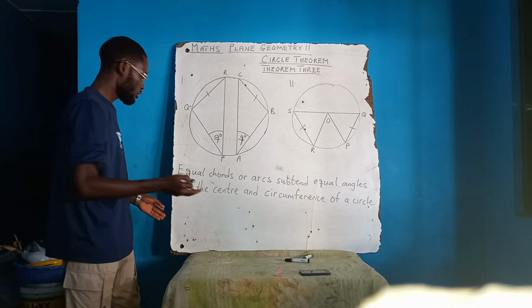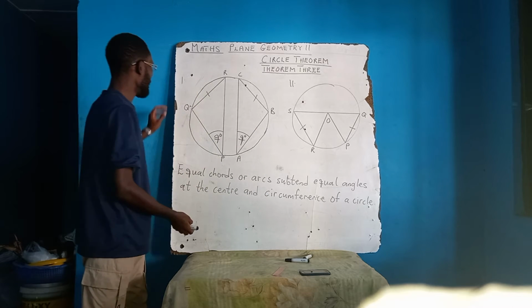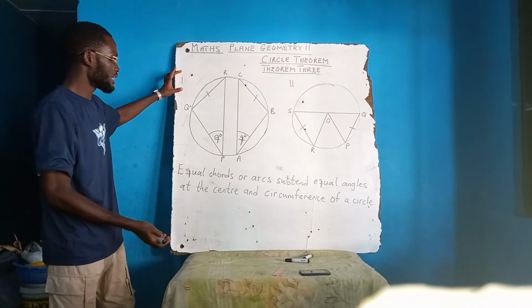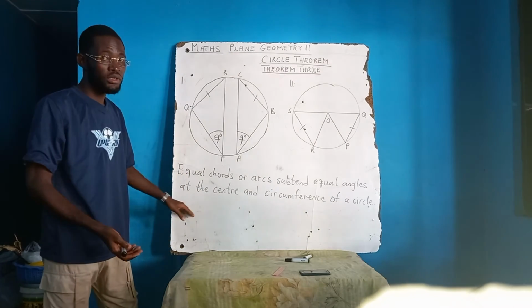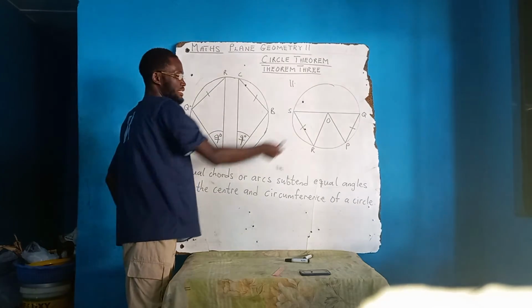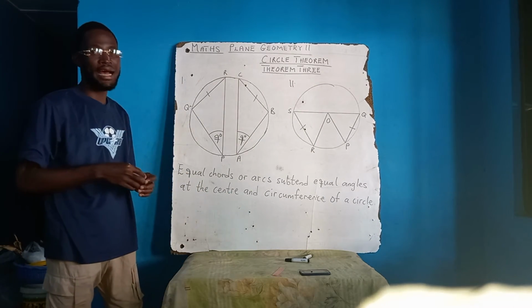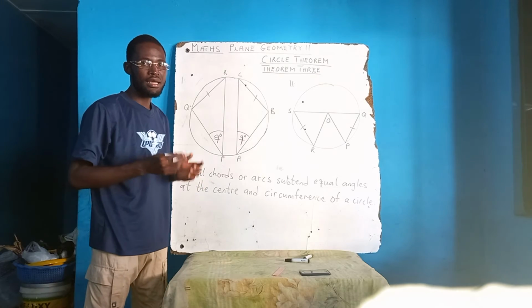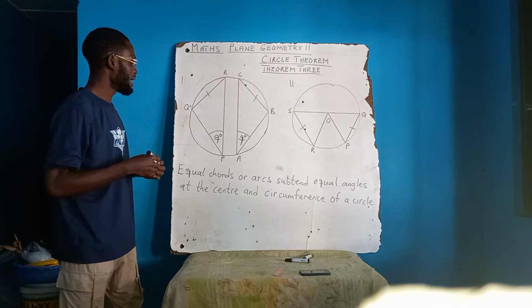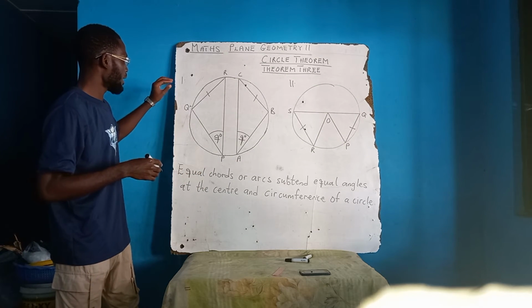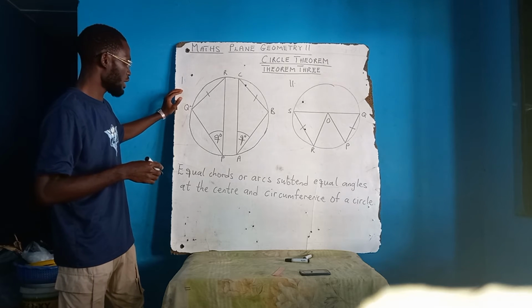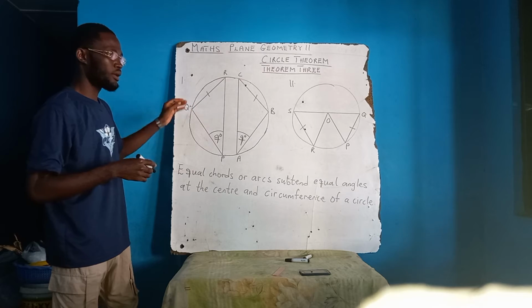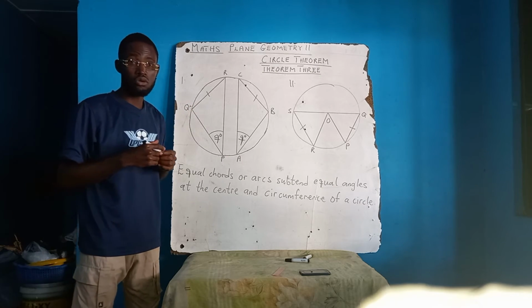For now, I'm showing it at the center because our illustration I does not tackle equal angles at the center. It is rather translated in illustration II, and we'll be tackling that as well. So far, I trust you understand the instances whereby we have our angles being equal at the circumference when we have equal chords.